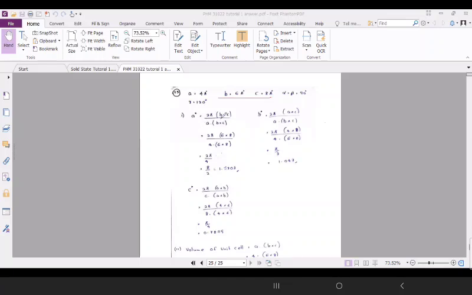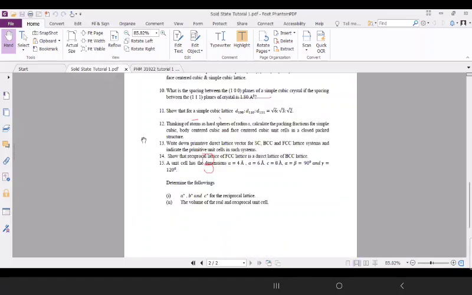So you have to substitute the a, b, c values in the equation, and you can get the answer in terms of pi. After substituting the value for pi, you can get the primitive vector a, b, c values, and you can easily get those in simple calculations. So that's the first part.